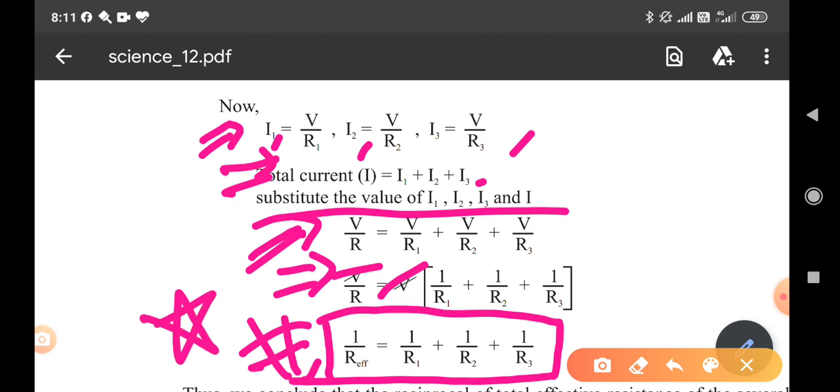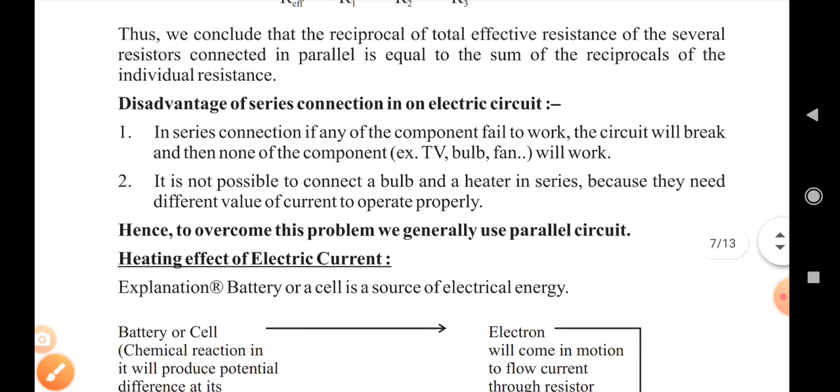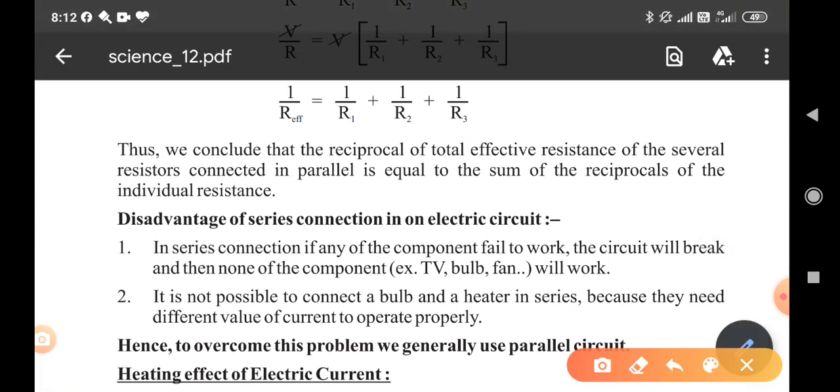It means the effective resistance 1 by Reff equal to 1 by R1 plus 1 by R2 plus 1 by R3. Thus, we conclude that the reciprocal of total effective resistance of the several resistors connected in parallel is equal to the sum of the reciprocal of the individual resistors.